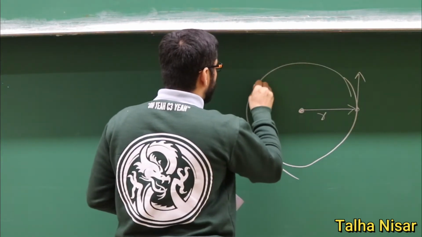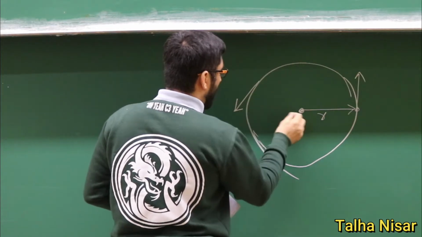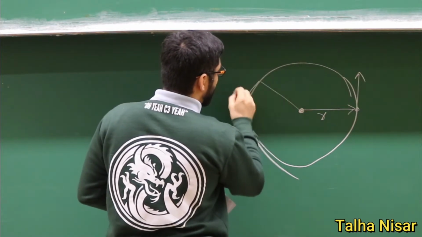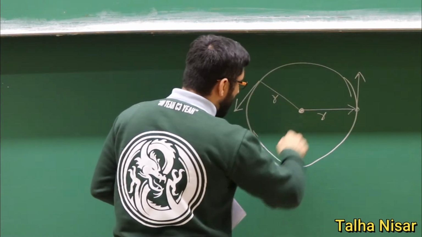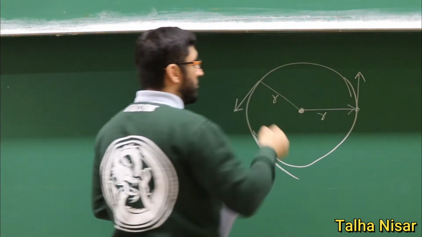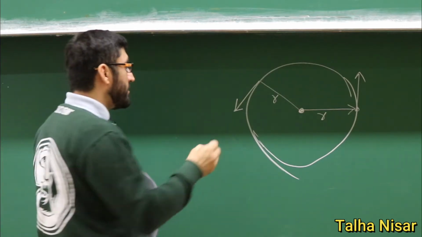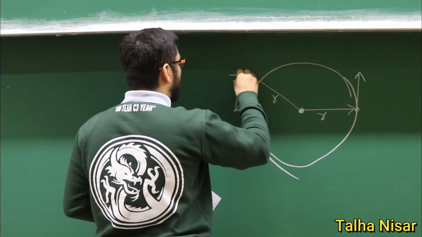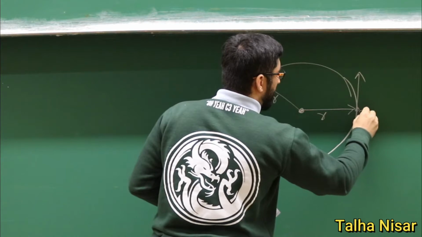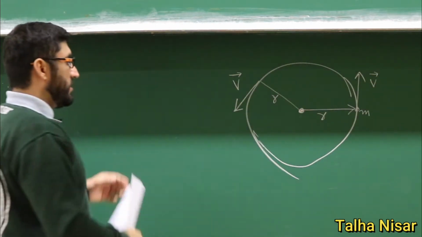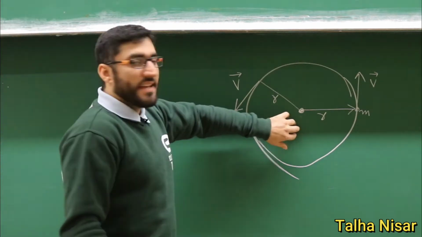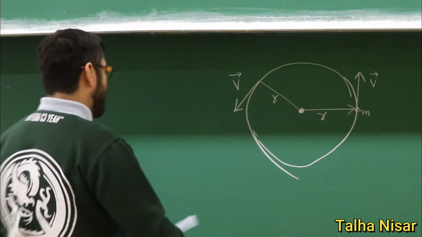For example, at this moment in time the velocity is here, but the radius of the circle is all the time the same. So this is our velocity, and it will have some mass. We want to know what is the angular momentum in this case.